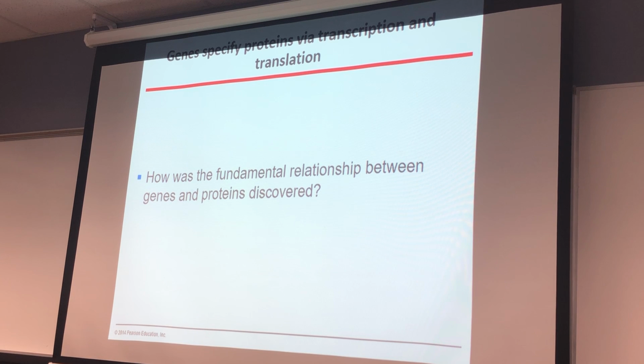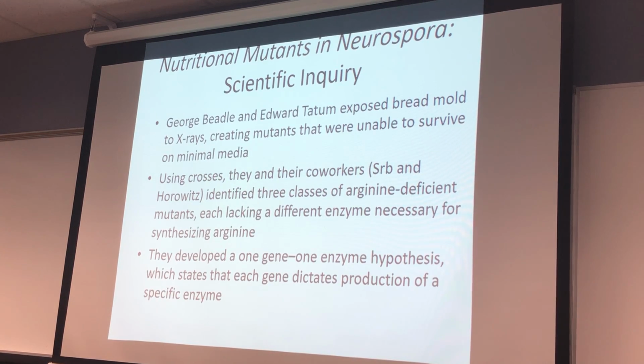So how was the fundamental relationship between genes and proteins discovered? This whole gene expression that we have been talking about, transcription, translation, how was this discovered? It began with scientific inquiry by George Beadle and Edward Tatum.